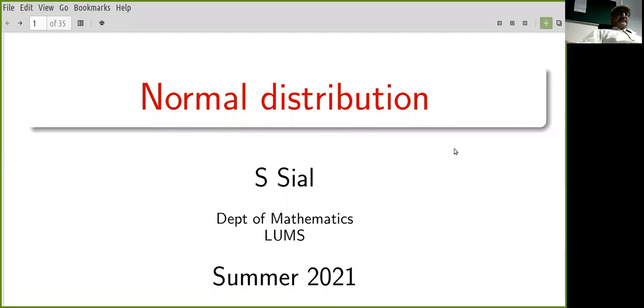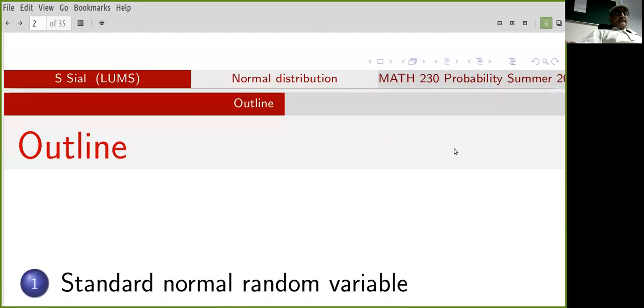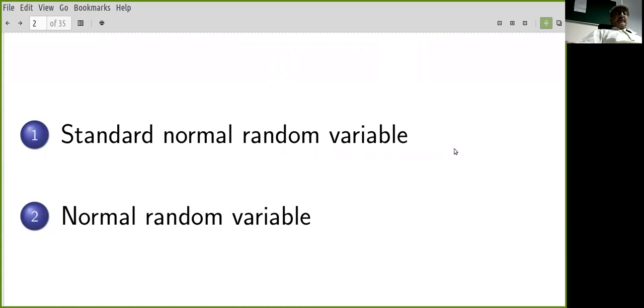In this session, we will consider the normal distribution. There's actually an infinite family of random variables which are normally distributed. We first consider one that's called the standard normal.